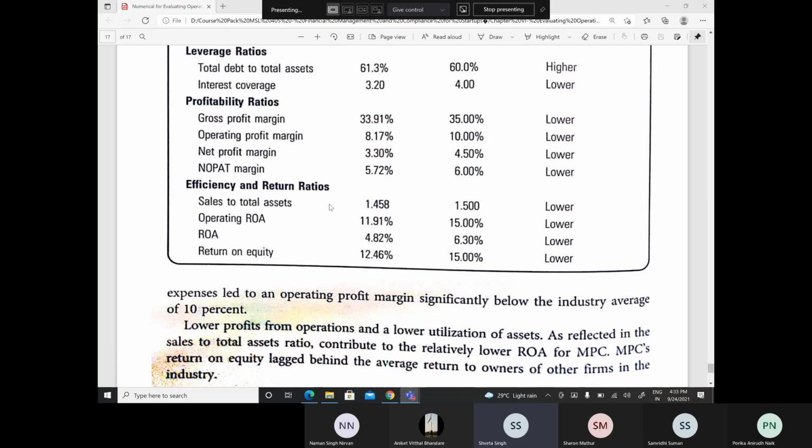In terms of efficiency and return ratios, again, the company is performing far below the industry average. So this is a good time for the company to learn from the best industry practices available in the market and try and do what the best players in the industry are doing to be able to improve their performance.